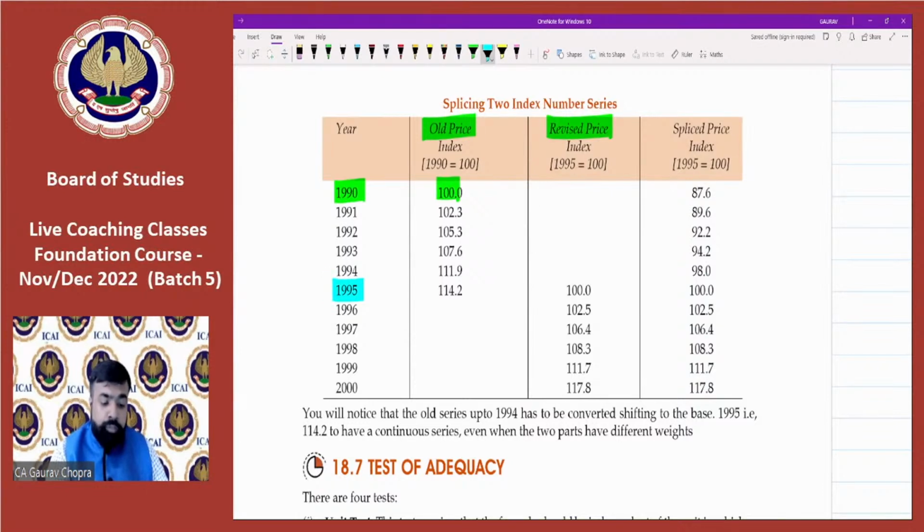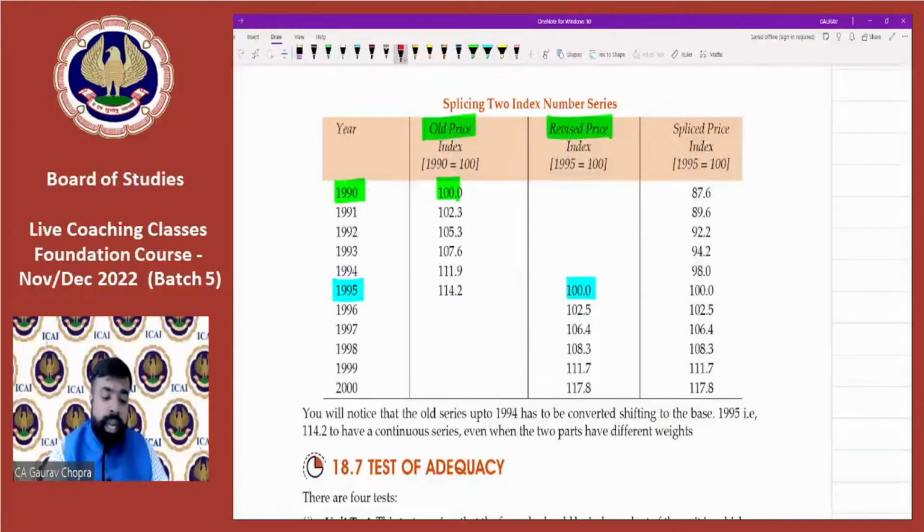In second series, 95 is the base year because its index number is 100. Now we have to merge these two series because they are not comparable: in the first series the base year is 90 and in the second series the base year is 95. So these two are not comparable because they are having different base years. In order to make them comparable, we have to take only one base year.